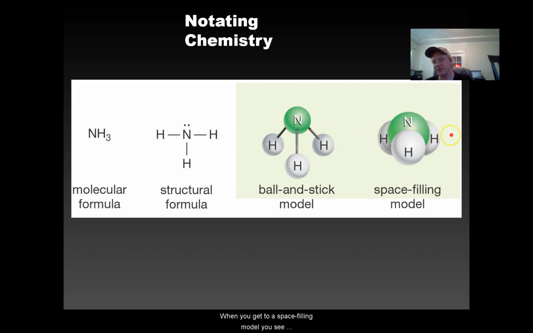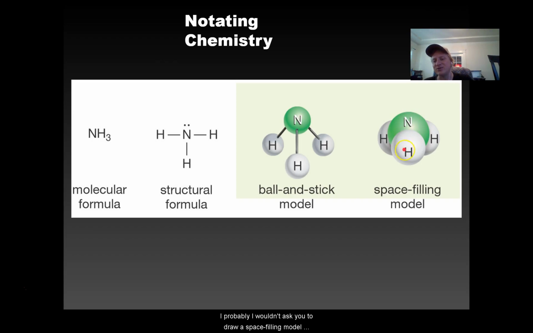And when you get to a space-filling model, you see even more. You see the geometry of the molecule, but you also see the relative size that each of those elements occupies. It's called a space-filling model. Probably don't worry about the specifics of these things. They're just things that I want you to have seen.